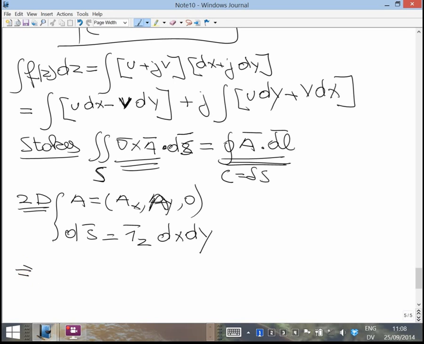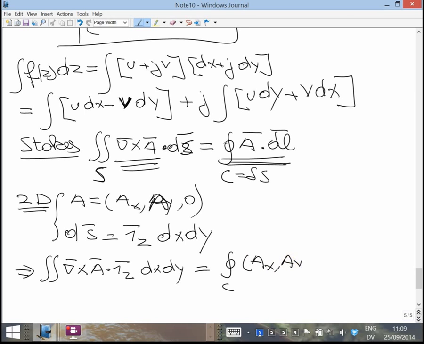So if we then simplify this, we have the surface integral of the curl of A. dS is just 1z dx dy. And for the right hand side, we have our contour integral, if we use this terminology with the circle in the integral sign again.